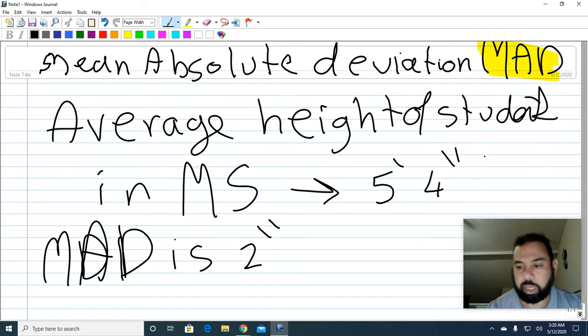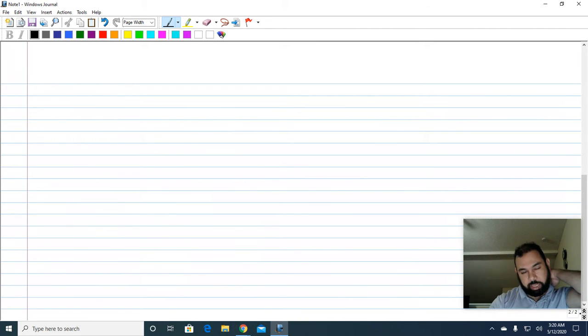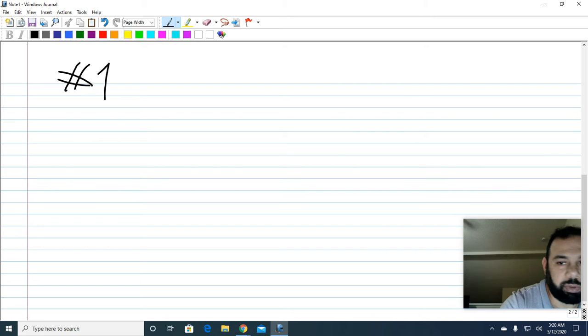Still looks weird. Let's give a better example. Let's see people who care about pets. You have a cat and you are buying two types of food, food number one and food number two.